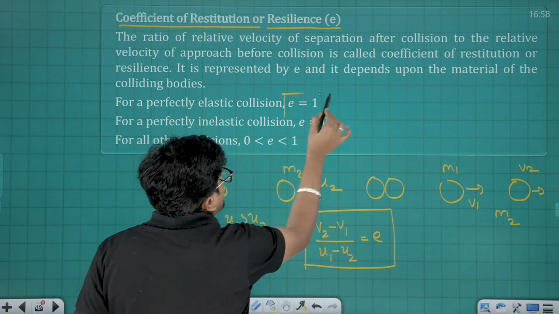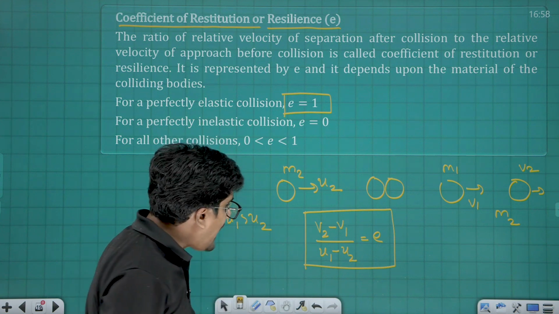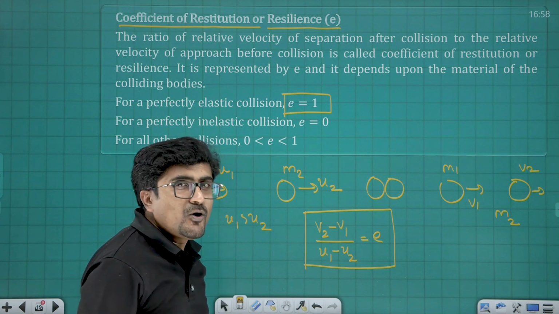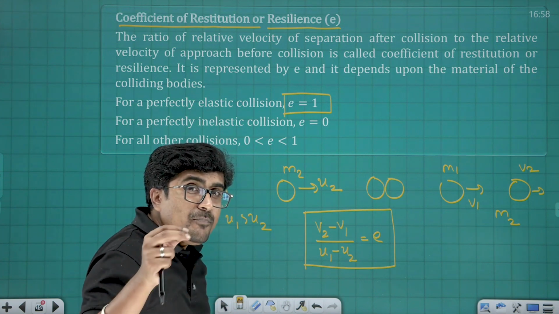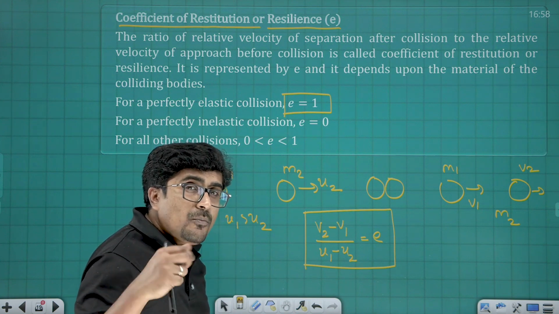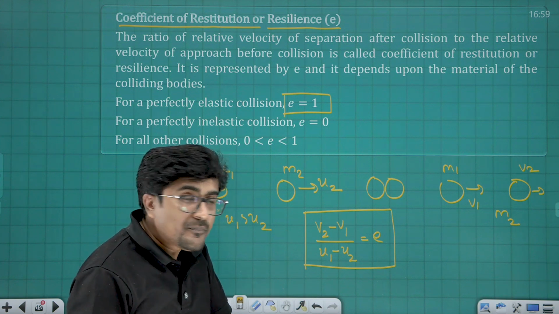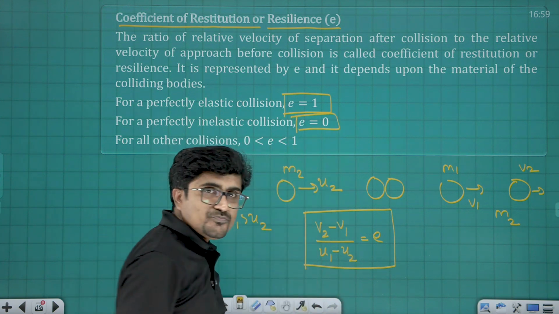Now for elastic collision, e is going to be 1. For perfectly inelastic collision, I told you that after collision they are going to have a common velocity, so v2 minus v1 is going to be 0. In that condition, e is going to be 0.